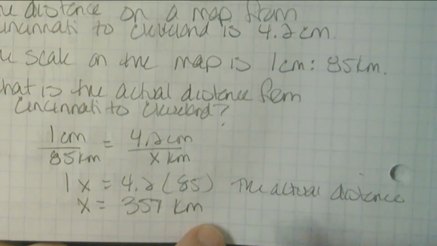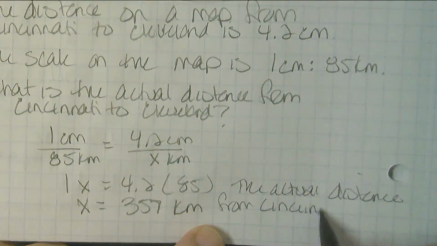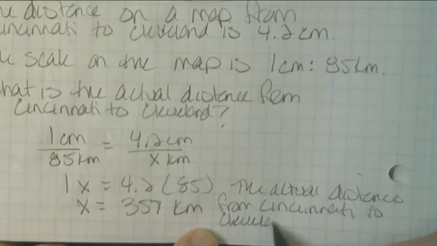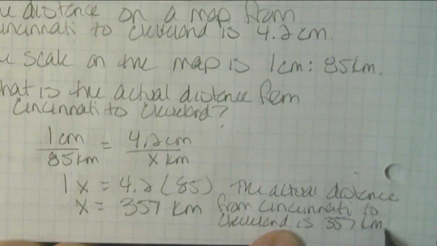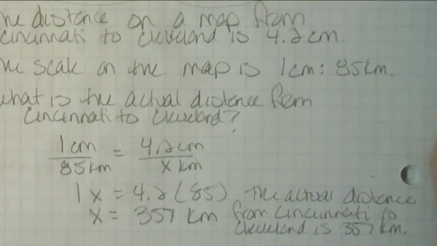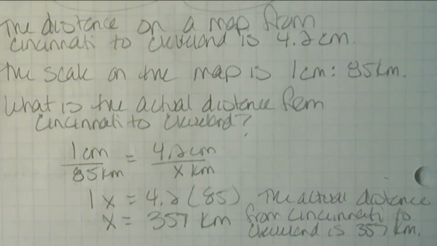Excellent. The actual distance from Cincinnati to Cleveland is 357 kilometers. And I'm okay with using abbreviation for kilometers. You guys cool with this? How many of you guys are pretty confident with, a little bit more confident with your proportions? Okay, if the ratios ones throws you off, then practice some more of the ratios ones versus the scales ones. You know what I mean?